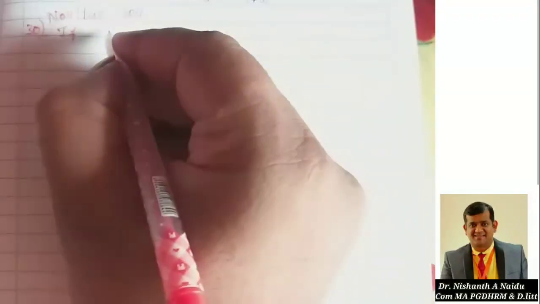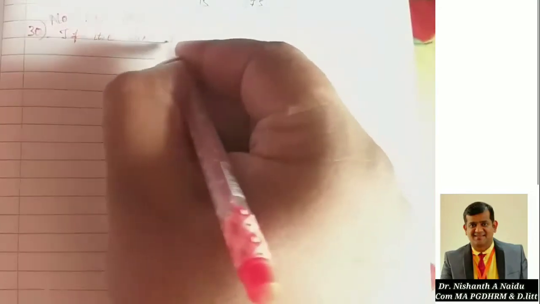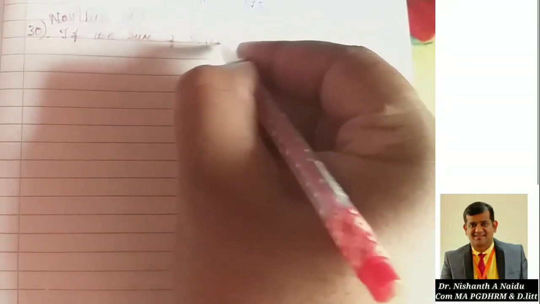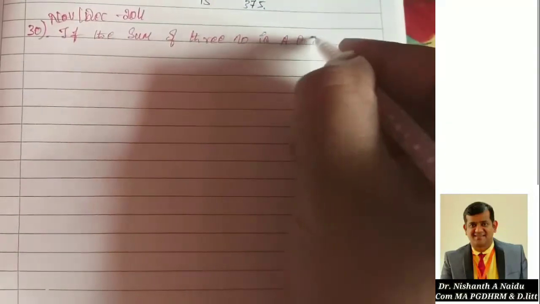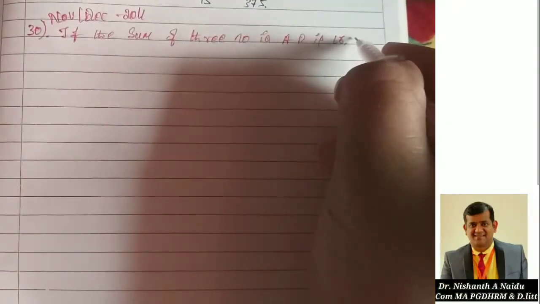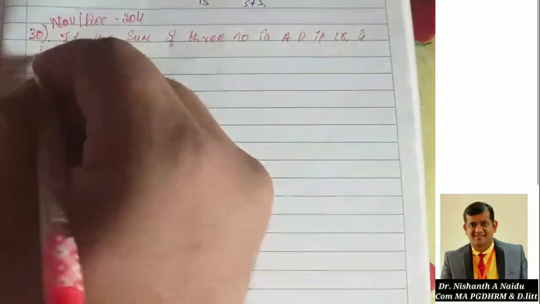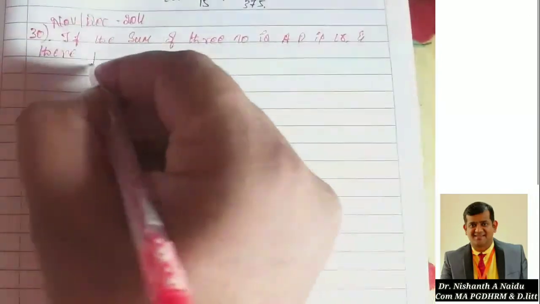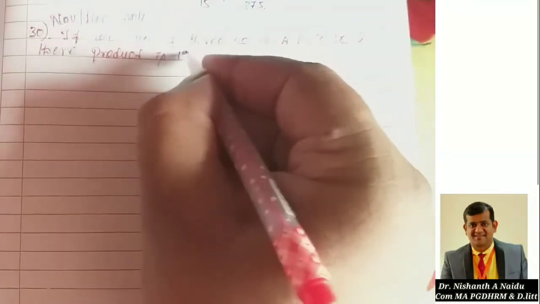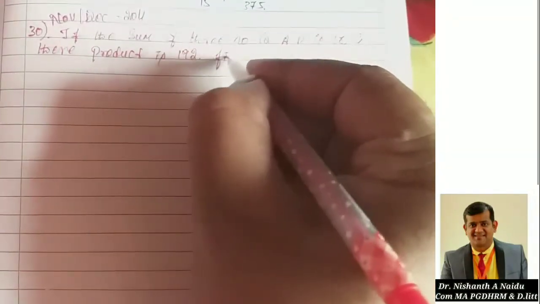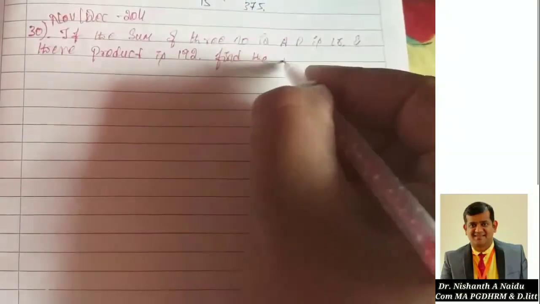If the sum of three numbers in AP is 18 and their product is 192, find the numbers.